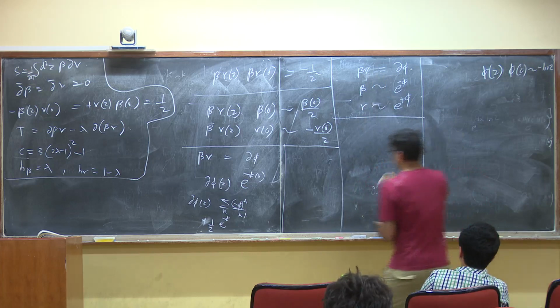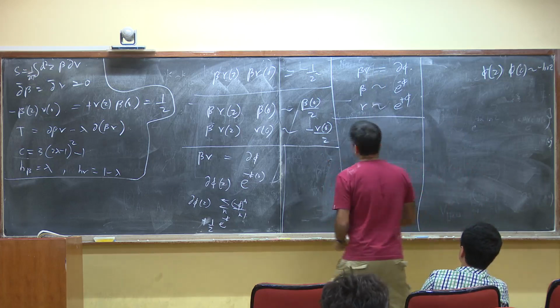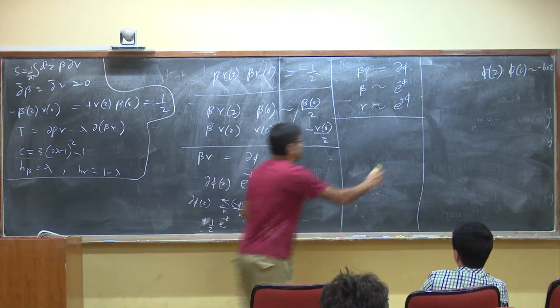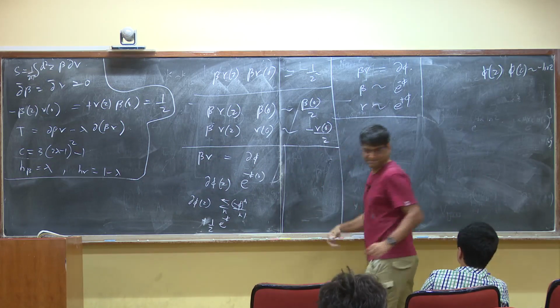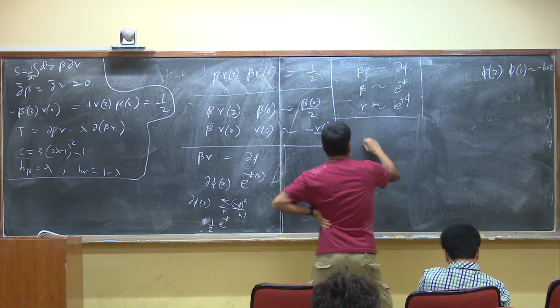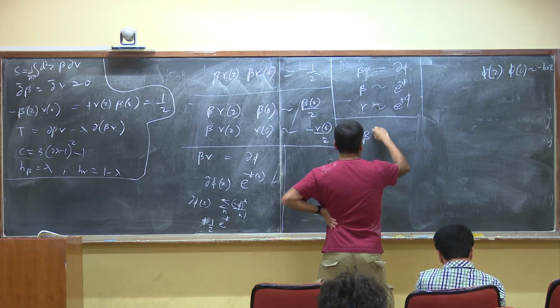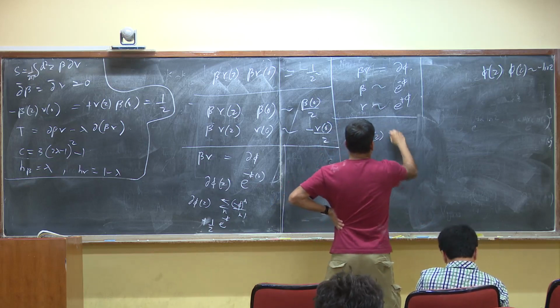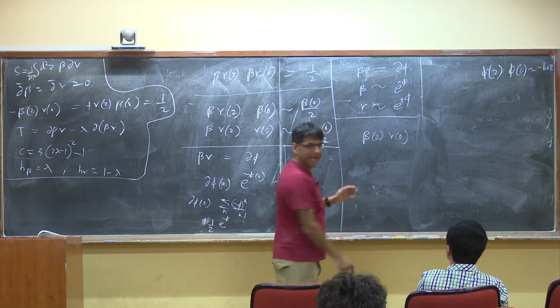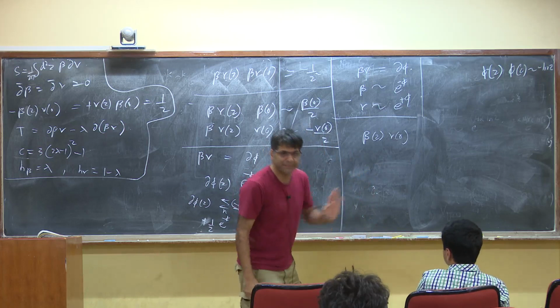Okay, let's take beta with gamma and normal order. So beta of z with gamma of 0, and then normal order, and then take the limit z goes to 0.